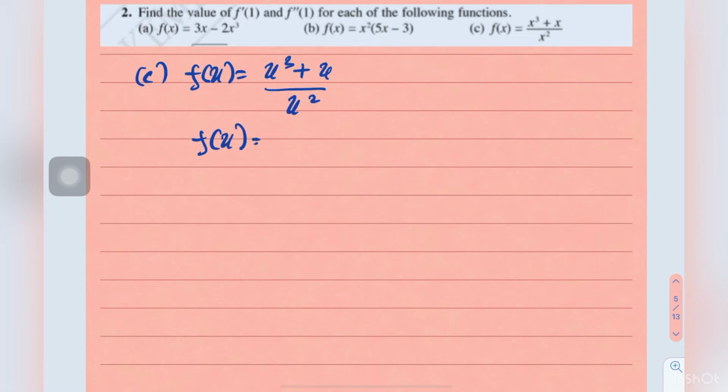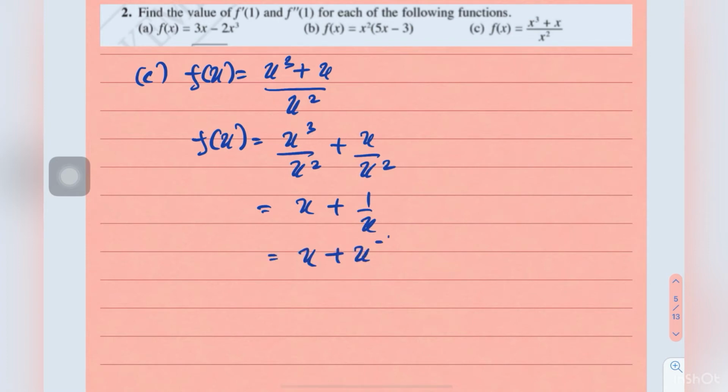So f(x) equals x cubed over x squared plus x over x squared, which becomes x plus 1 over x. Therefore, x plus x power of negative 1. This is f(x), so then we are ready to differentiate.